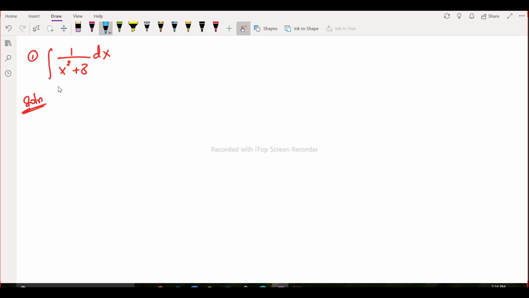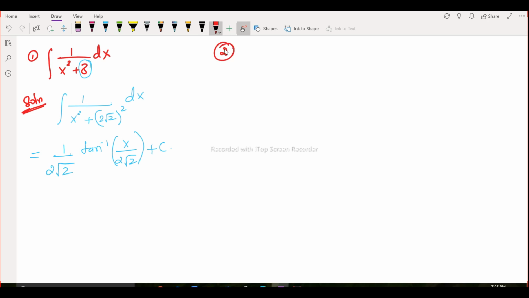Now if I see, it's 1 upon x square plus a square, so this part is actually a square, so I can write this as integration of 1 upon x square plus 2 root 2 square dx. So this is a, so what is the formula? 1 by a, that is 1 by 2 root 2 tan inverse x upon 2 root 2 plus c. So this was the first question.